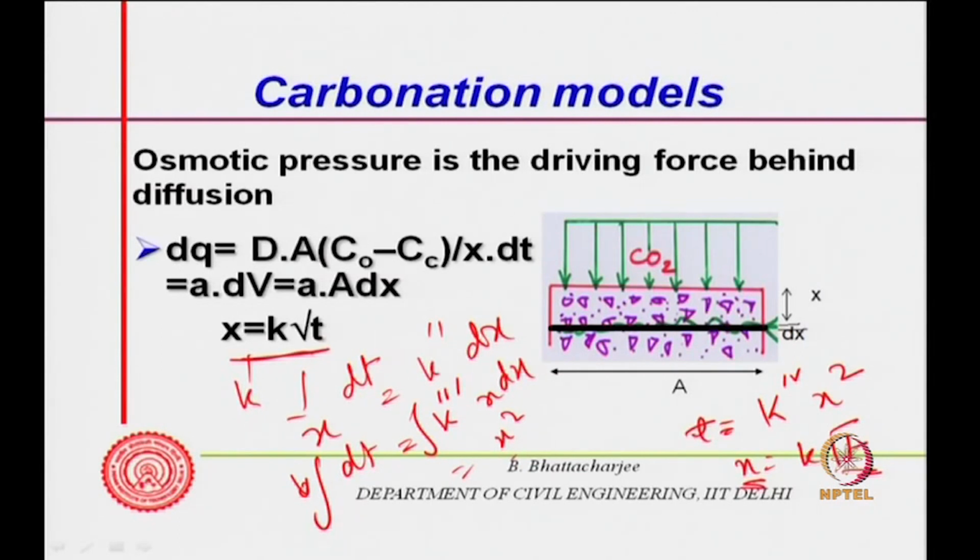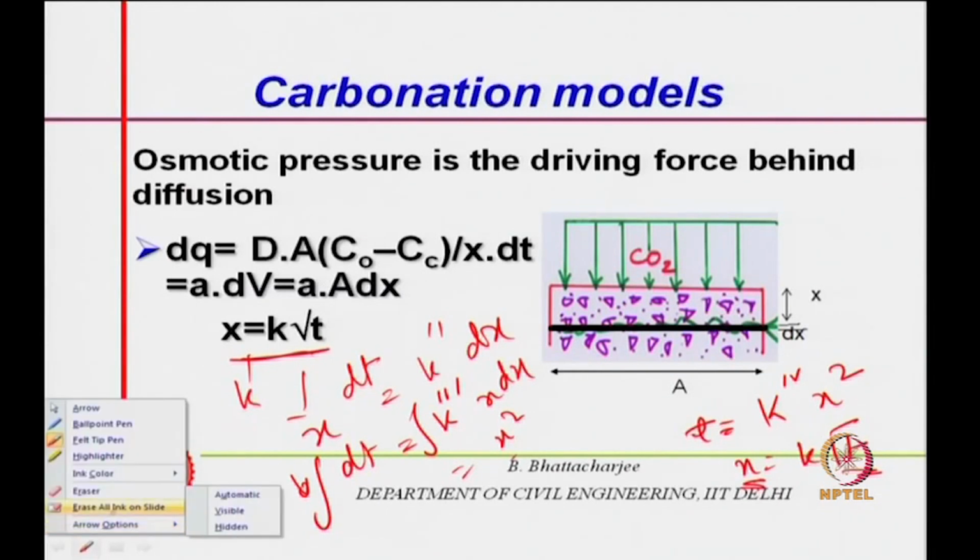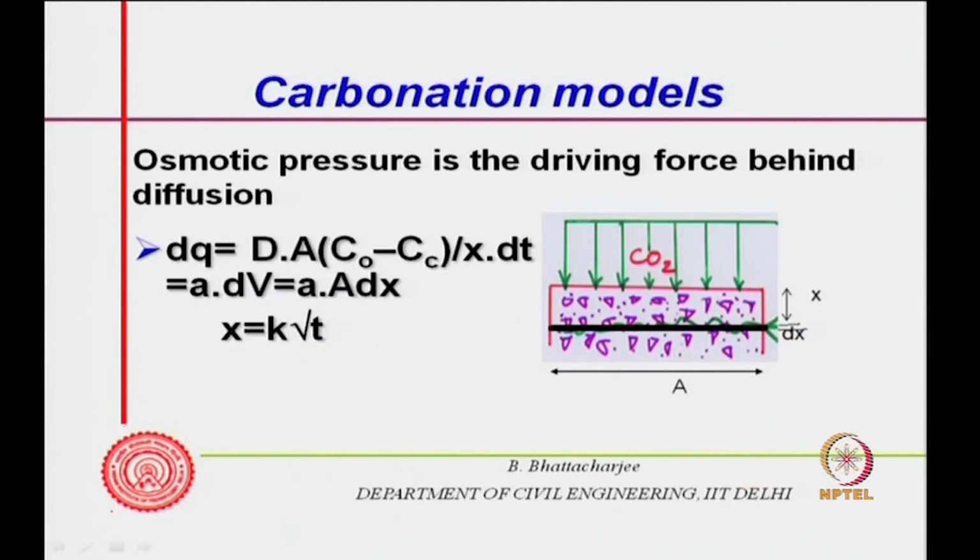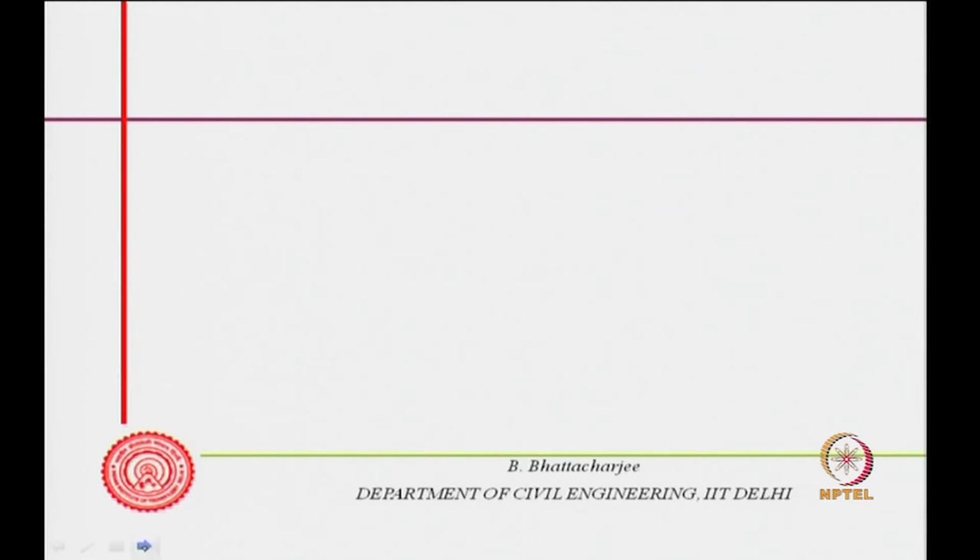That is what comes out from this kind of a model. There are complex models, but finally most of the models make it some form of t to the power half relationship, because experimentally also this has largely been found to be valid.